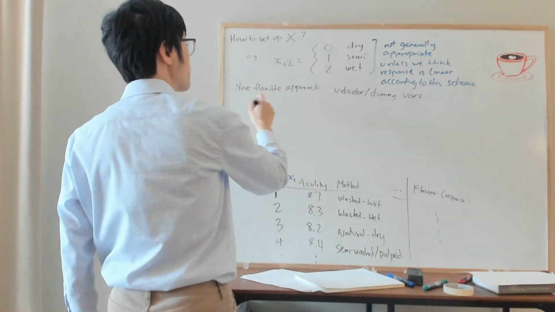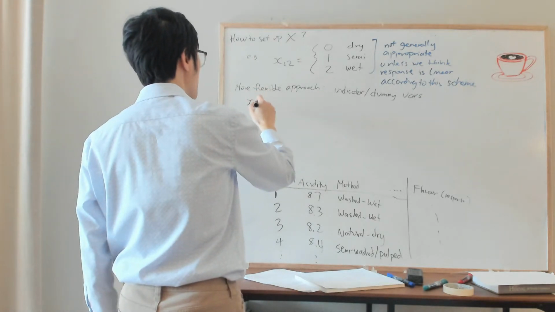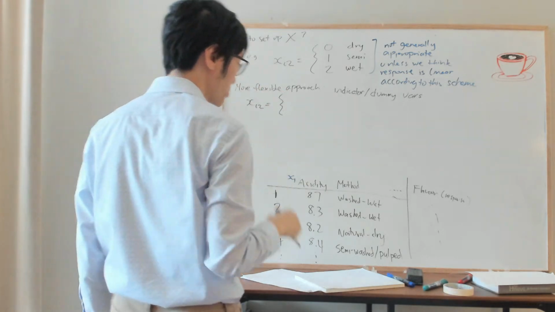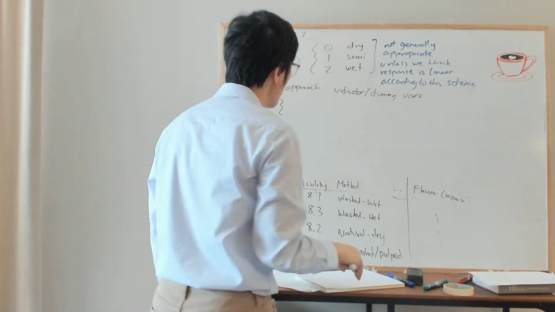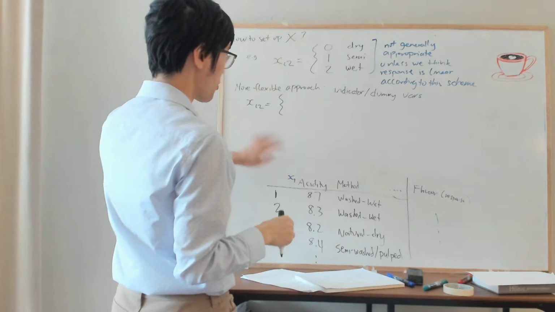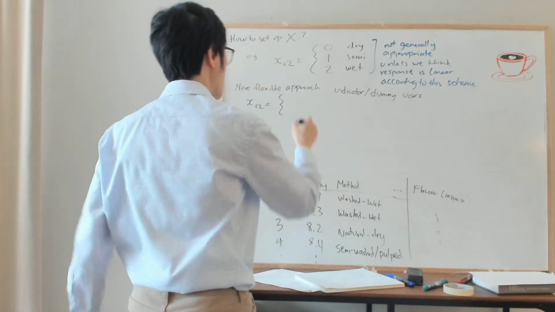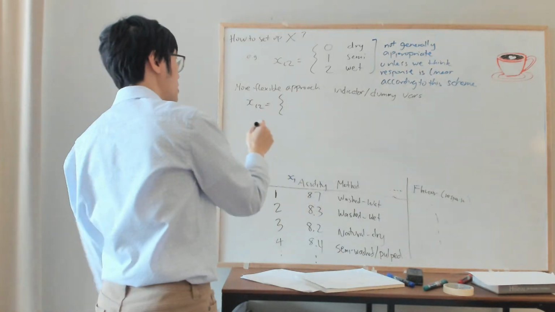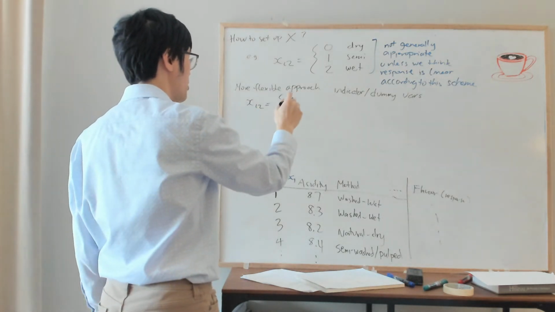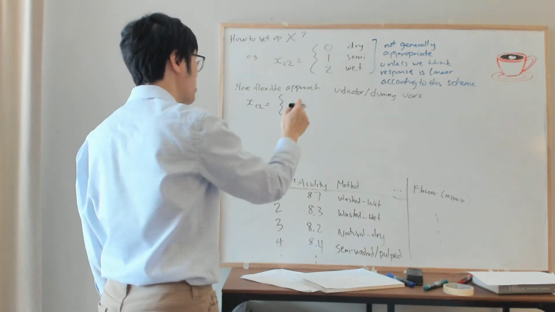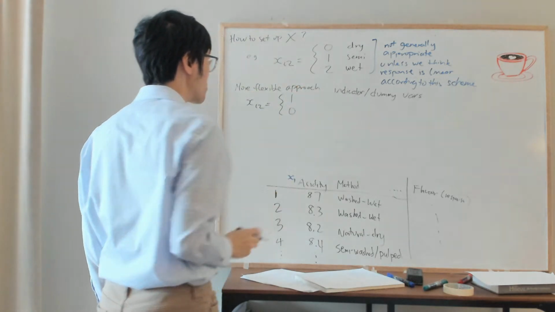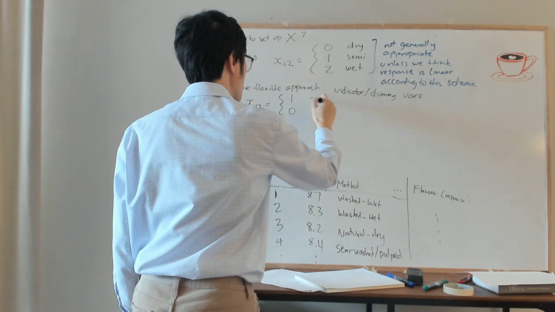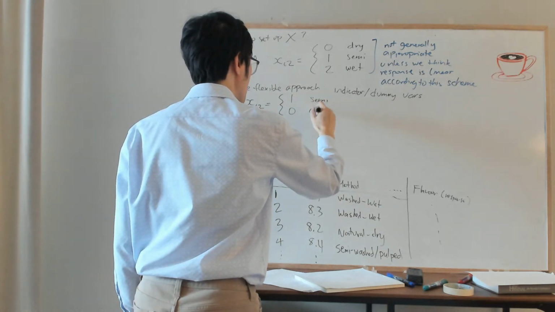So how we would do that is, we can set up one variable for whether the method is, let's say, semi or not. So we encode x, the second x for the ith observation, as 1 or 0: 1 if the method is semi, and 0 otherwise.